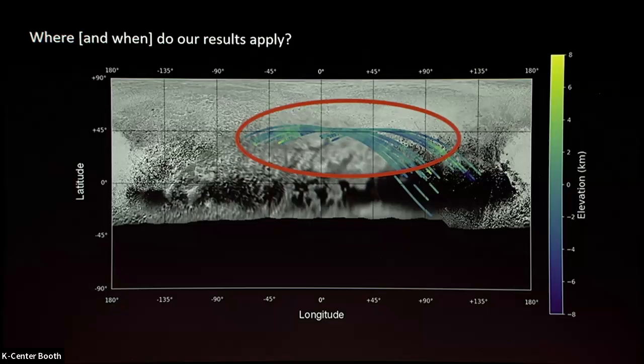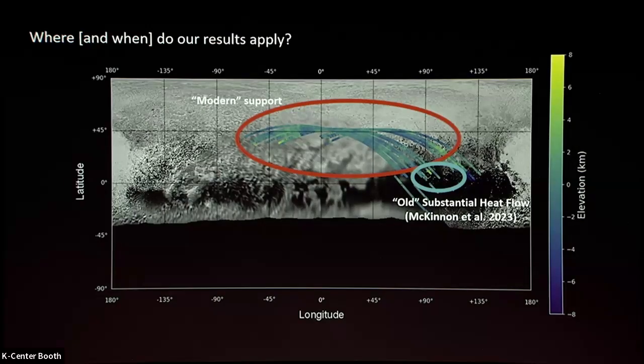But based on what we see in the high resolution and low resolution imagery, there's not anything big going on, not anything that would sample the full extent of the ice shell, especially not today. Whereas in the past, there are features like Ort and Edgeworth that Bill looked at, which are old and likely did record an earlier, more substantial heat flow period of Pluto.